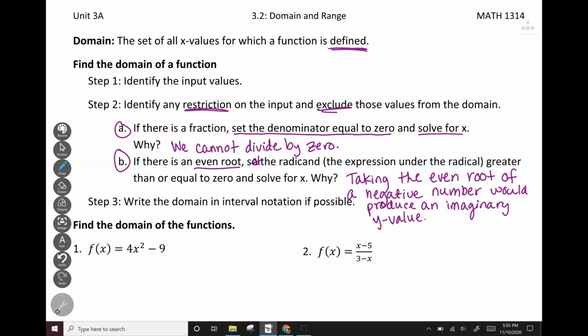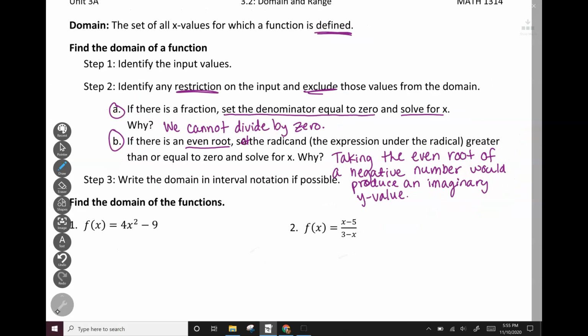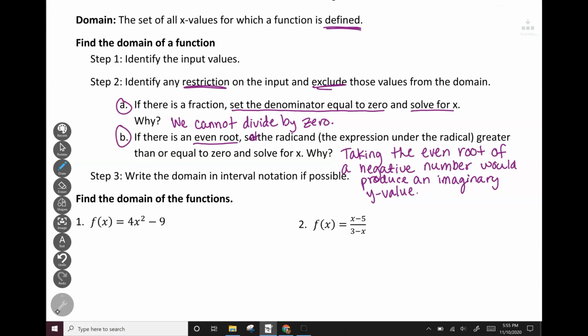Okay, and good luck graphing that, right? An imaginary y value on our xy plane, not going to work.